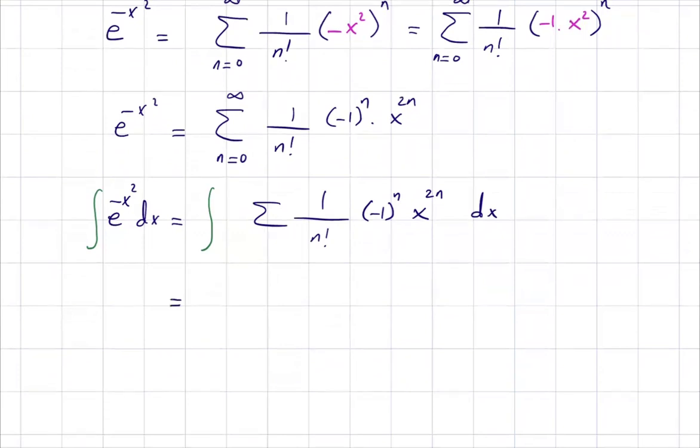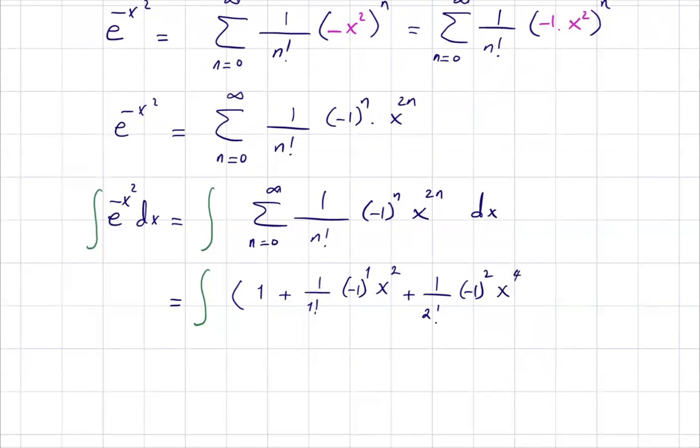This is equal to the integral of, if you plug in 0 and start from 0 to infinity, you have 1 over 0 factorial, which is 1, times negative 1 to the power 0, which is 1. So you have 1 plus 1 divided by 1 factorial, negative 1 to the power 1, x to the power 2, plus 1 divided by 2 factorial, negative 1 to the power 2, x to the power 4.